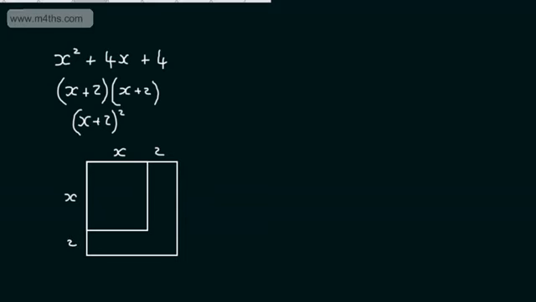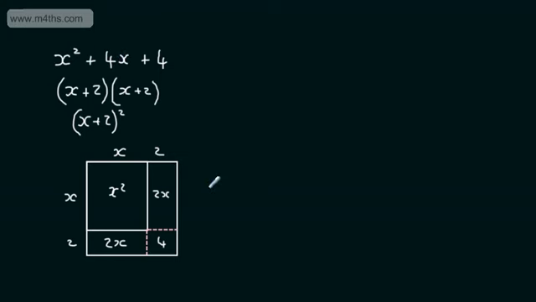If we consider the area of each of these sections, the first part is x squared, then 2x, then 2x, and this is going to be 4. So we can see this gives us x squared plus 4x plus 4.